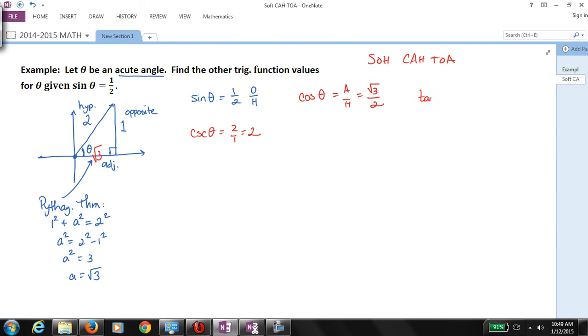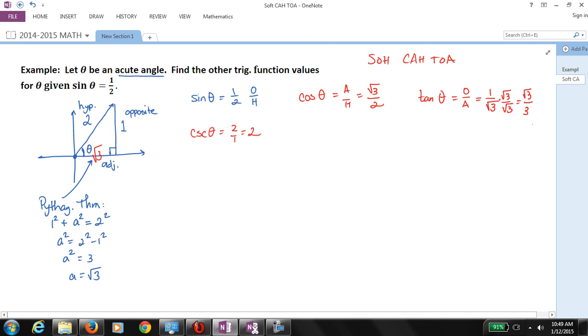And then tangent of theta is what? O over A, which is 1 over square root of 3. Just simplify this times the square root of 3 over square root of 3.